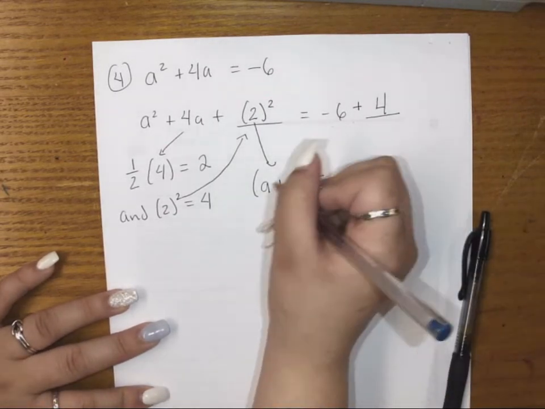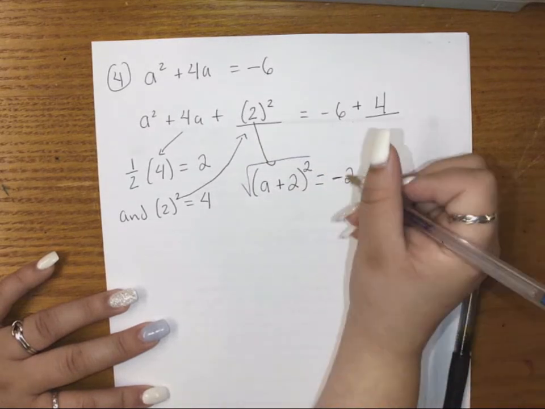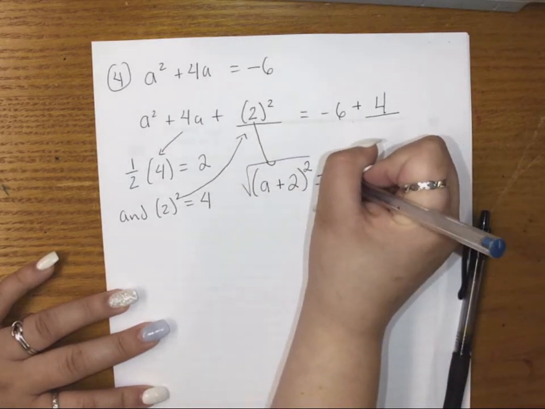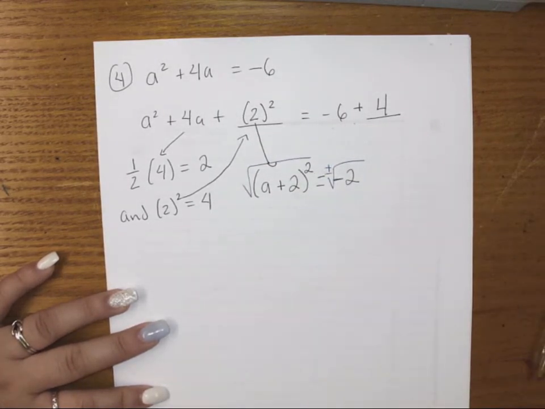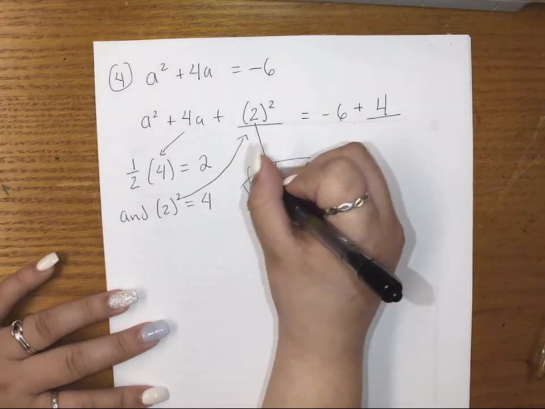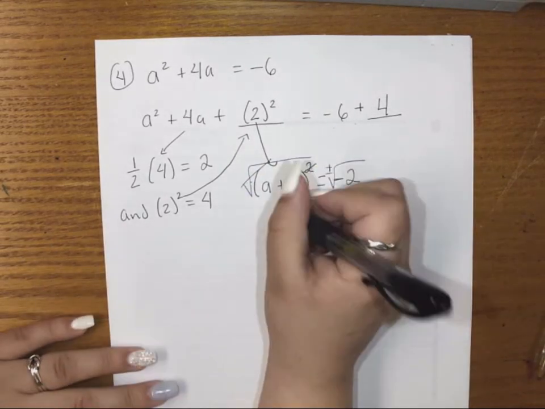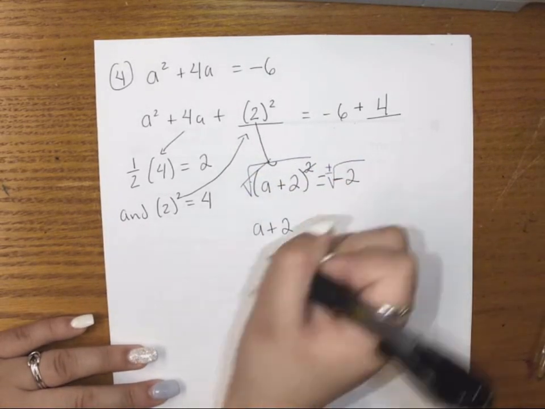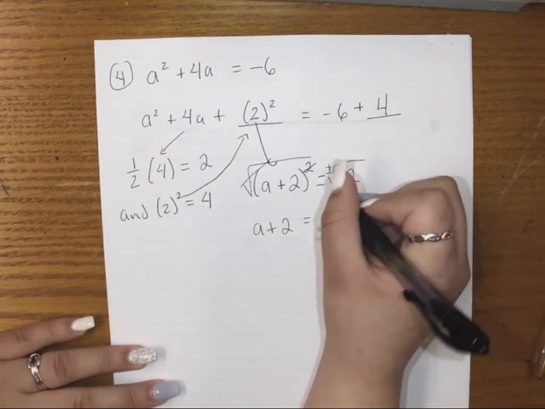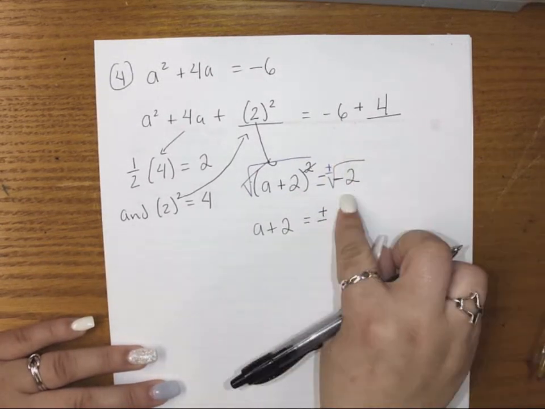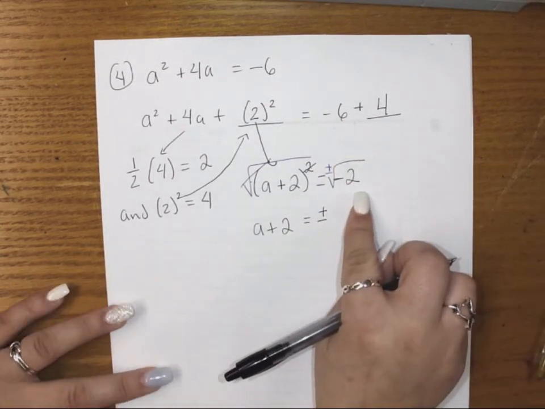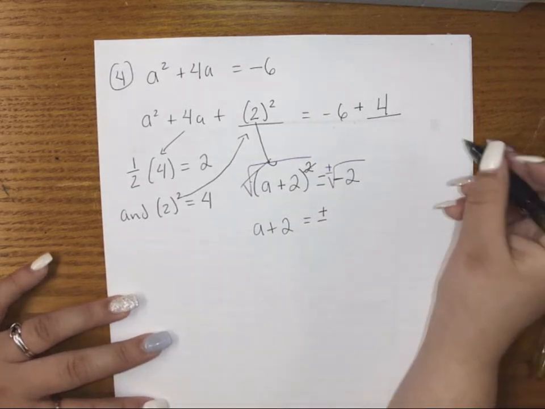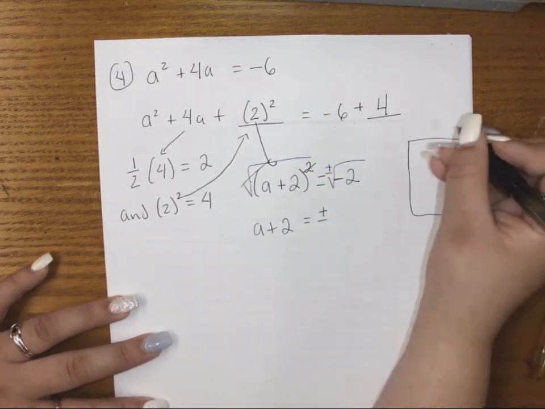We need to get rid of the square. The opposite of squaring something is to take the square root. When you take the square root of the right hand side, you need plus or minus. They are opposite to each other, so they cancel each other. You can think about it like that. So we end up with a plus 2 equals plus or minus. Here we're dealing with the square root of a negative 2, so this is the one where you have to think about it.